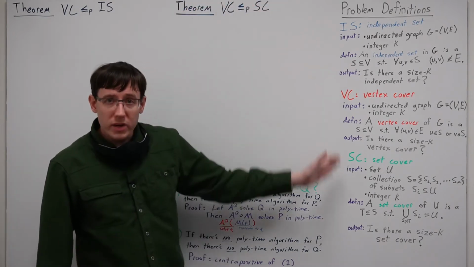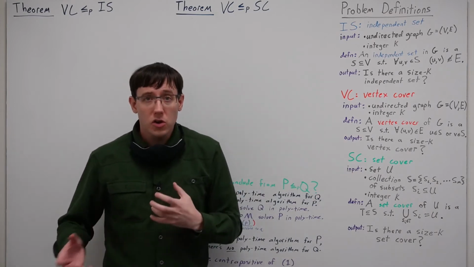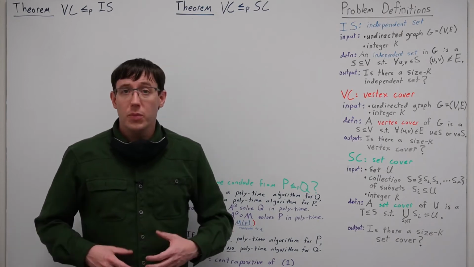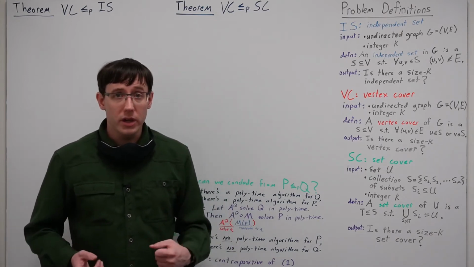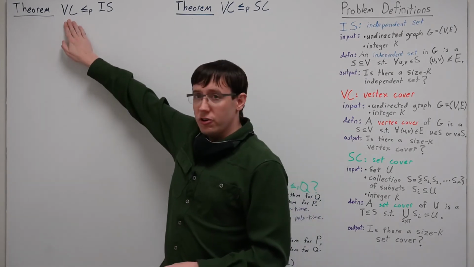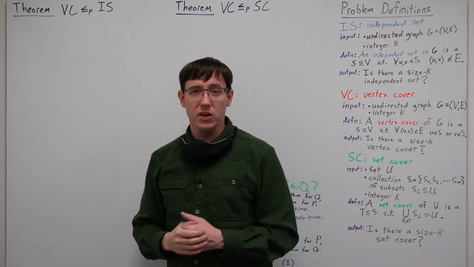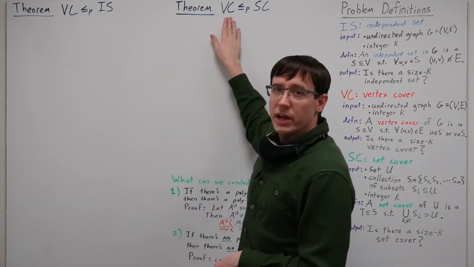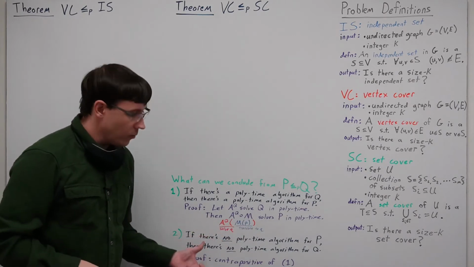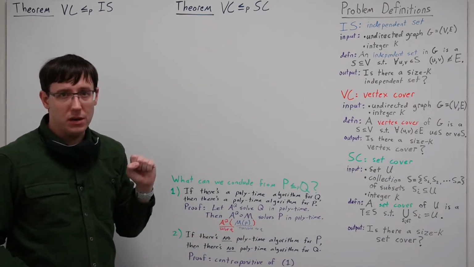We have 3 problem definitions here, and in a moment we'll talk a bit more about each of them to build some intuition. But our eventual goal is to give a polynomial time reduction from vertex cover to independent set, and another polynomial time reduction from vertex cover to set cover. And so, before I erase it, we should think about what each of these reductions means.